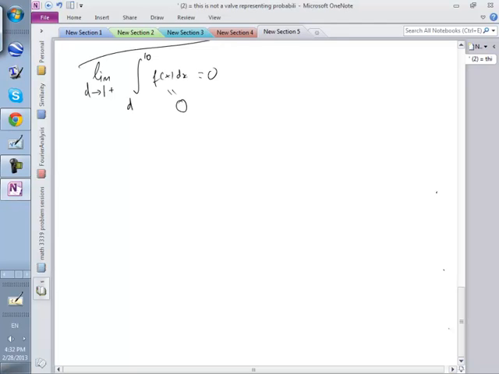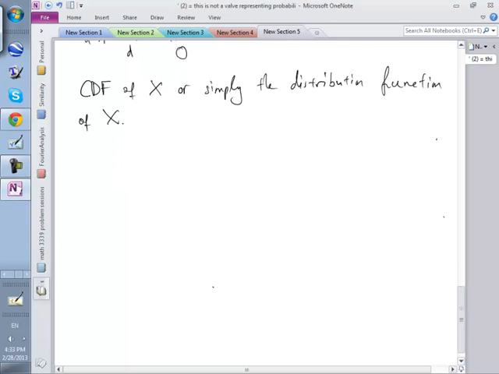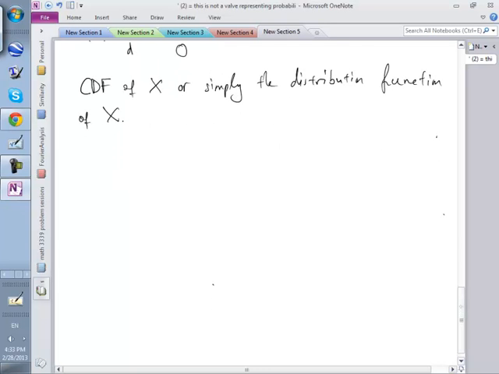The distribution function of x, what we call the CDF, the cumulative distribution function of x, or simply the distribution function of x, hence the term distribution. The definition is exactly the same as we did for discrete random variables.